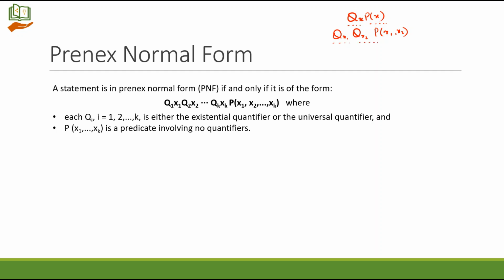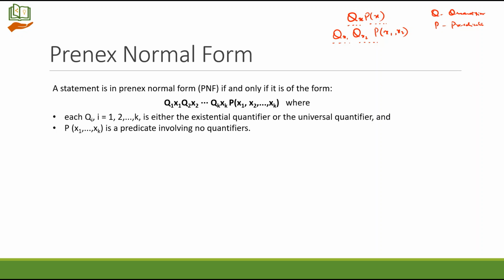We are not sticking to a specific quantifier. It can be any quantifier, but we are marking q for quantifier and p for the predicate. What does this form say? Before the predicate, we have all the quantifiers together. This is Prenex normal form.